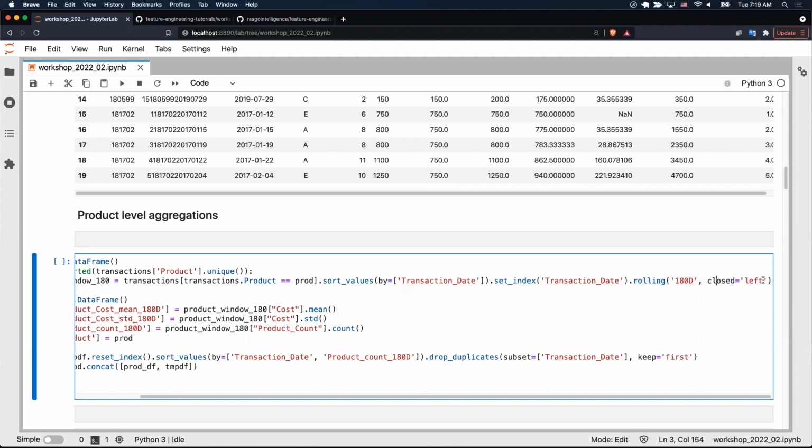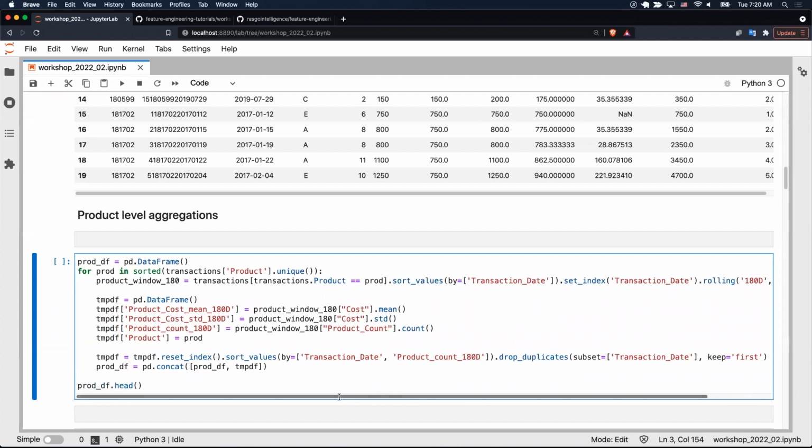By being closed on the left and not the right, this is ignoring all transactions that occur at the most current transaction, only including transactions prior to it. So this works basically the same way as we used before, except excluding the current transaction.